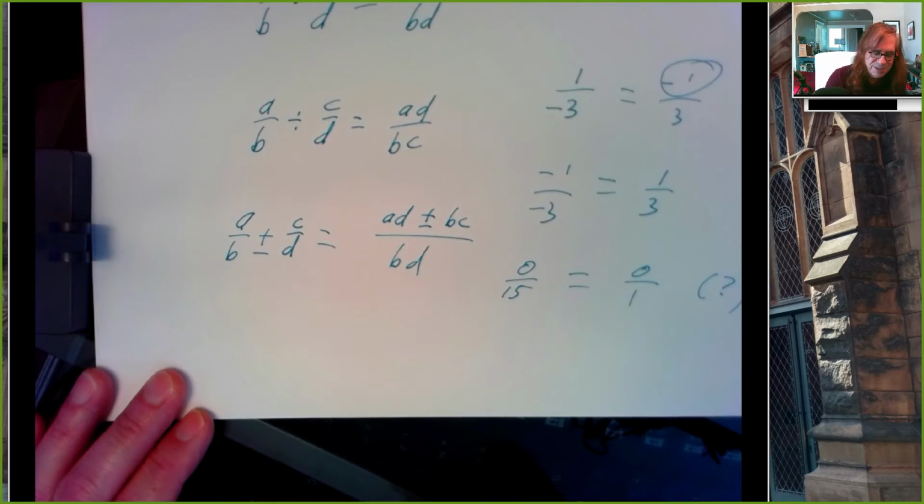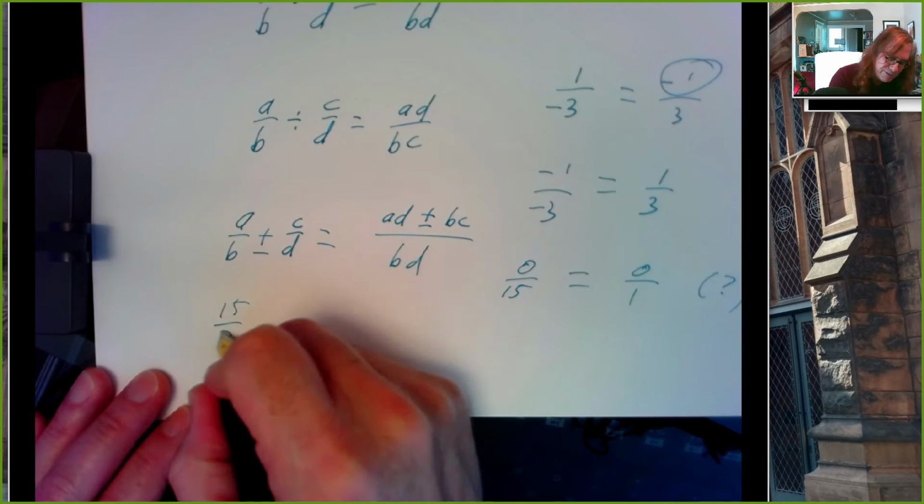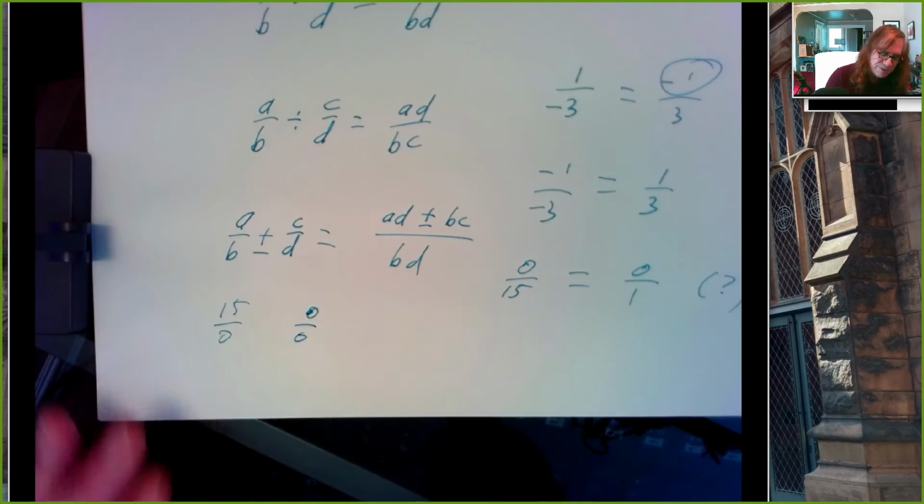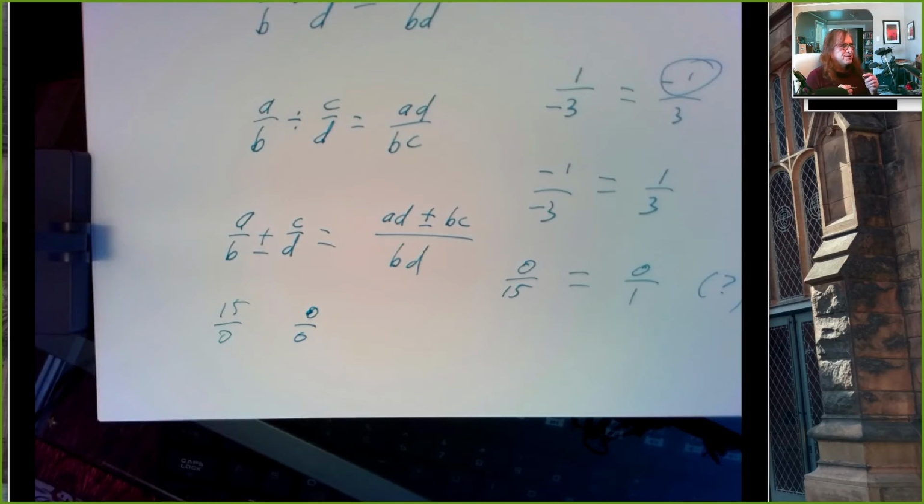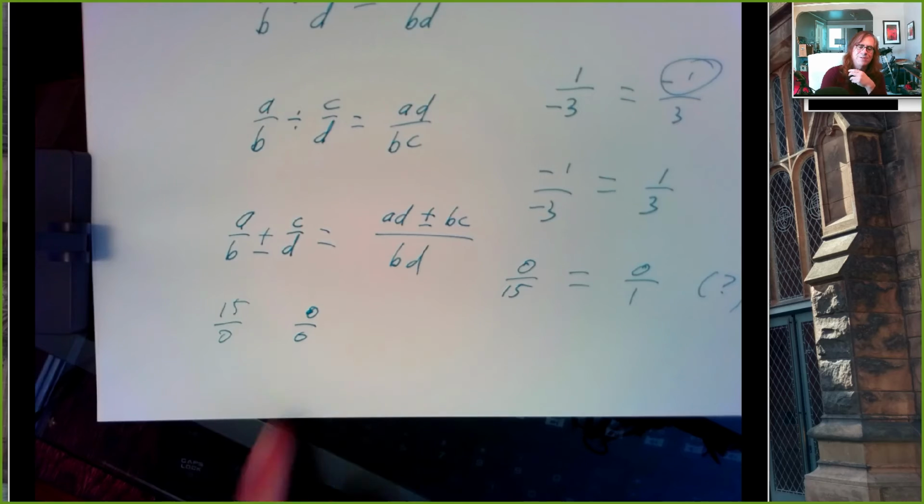But division by 0, if I have a fraction like 15 over 0 or 0 over 0, it doesn't matter to me how you represent that internally, as long as when you convert it to a string it says NaN, when you convert it to a double it says NaN, and when you do any operations on this the result is NaN. Those three things have to happen. You can set a flag in another field, you can look for a denominator of 0, it's up to you.